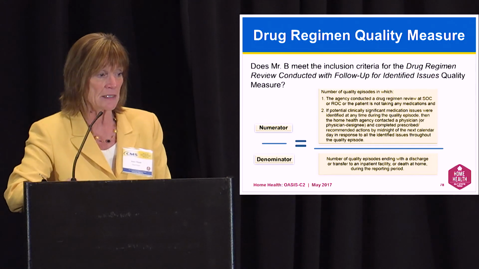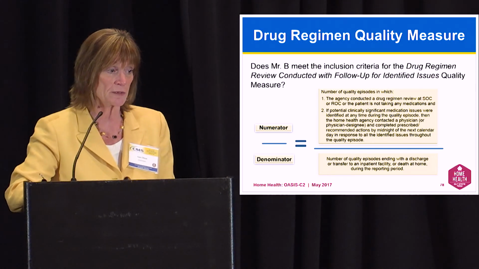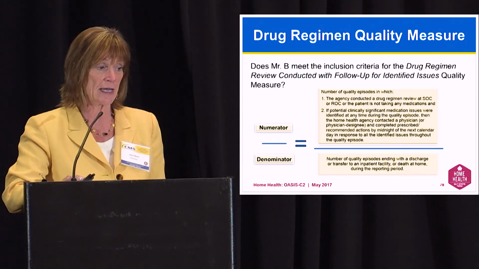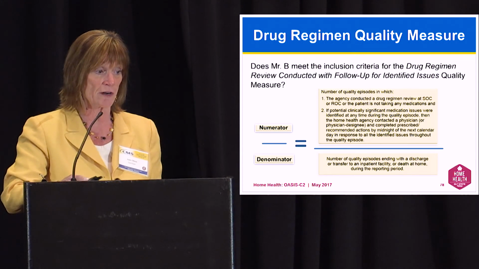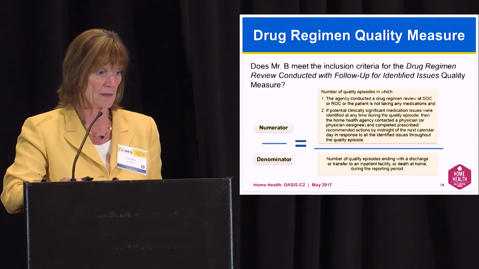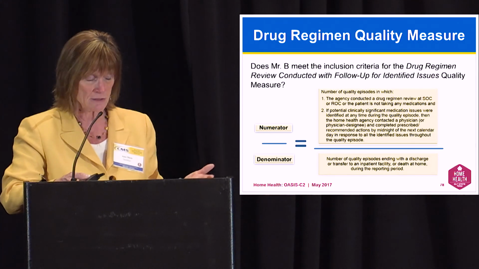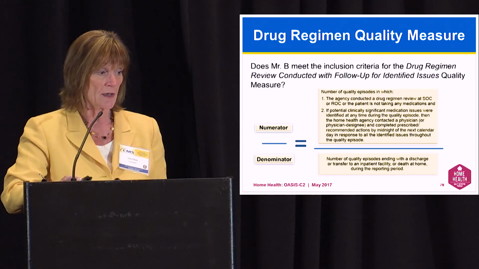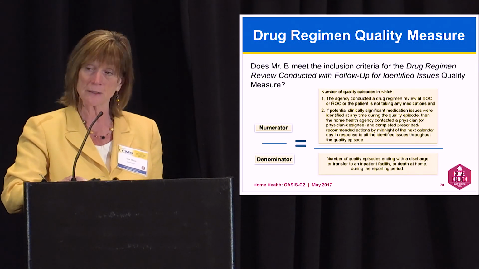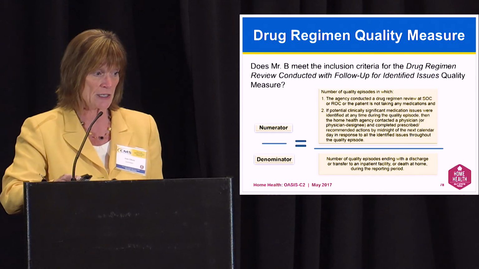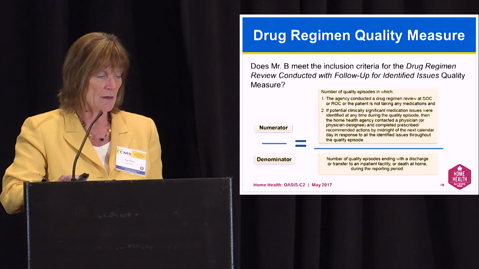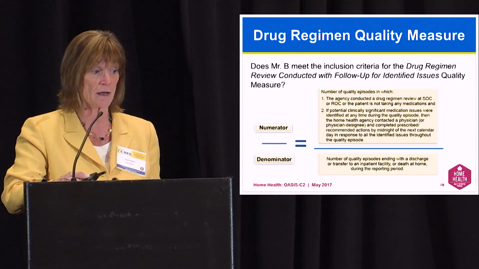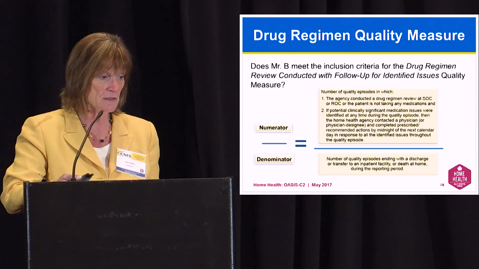So he did meet the inclusion criteria for the drug regimen review, and that is defined when you look at the numerator. The agency obviously conducted the drug regimen review at the start of care, and he was taking medications, so he qualified based on the drug regimen review. And then the nurse did identify some potentially clinically significant medication issues at the time of the quality episode. The home health agency did contact the physician and completed the recommended actions.